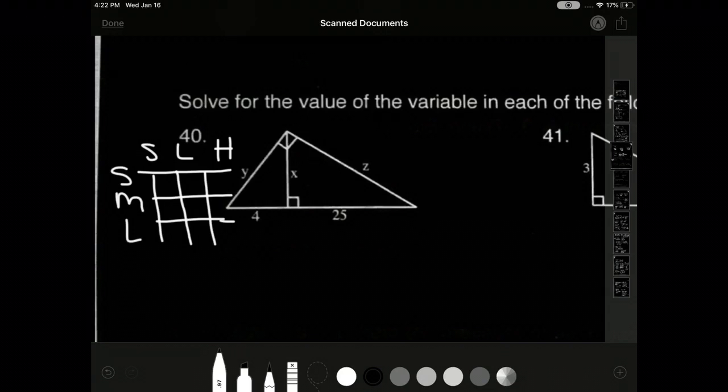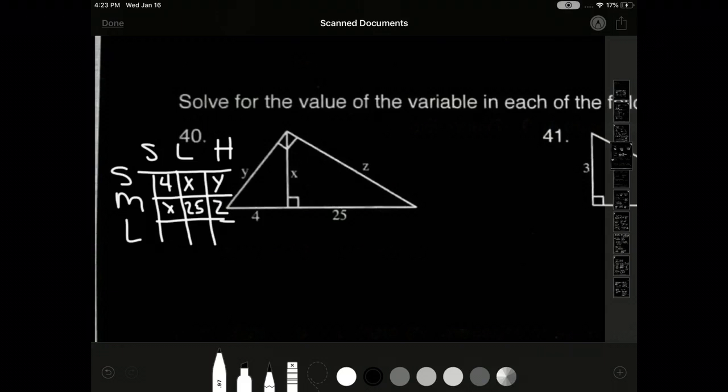So short triangle, or small triangle, short side is 4. Long side is X. Hypotenuse is Y. And then our medium triangle, short side is X. Long side is 25.